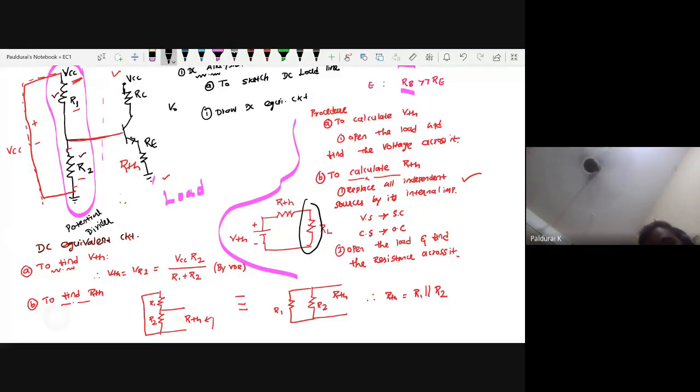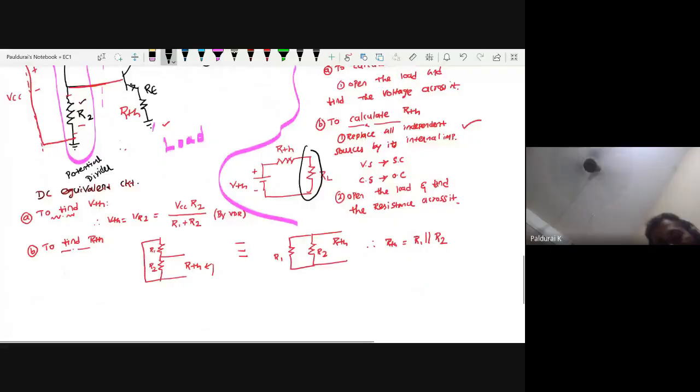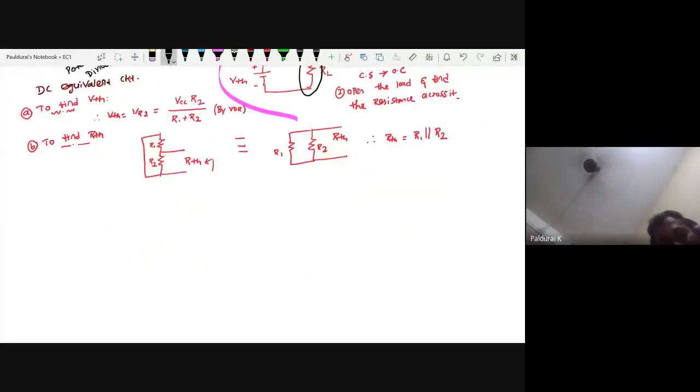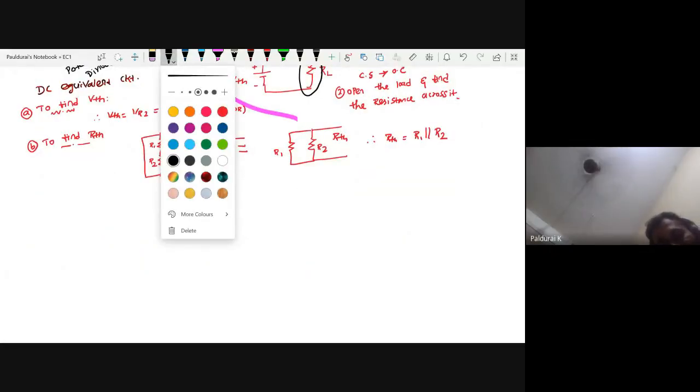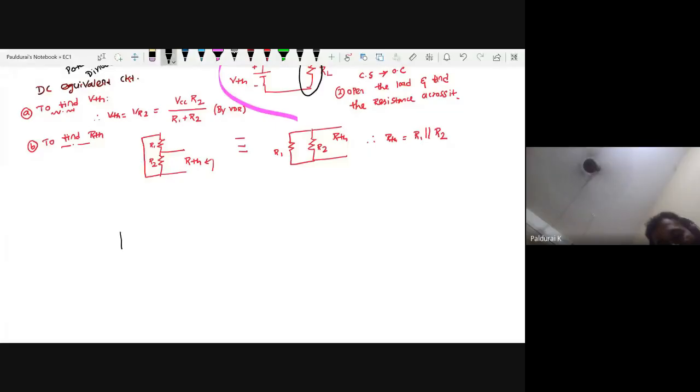So what is the equivalent circuit? So can I redraw? Very important. So what is the Thevenin equivalent circuit? Here VTH and here RTH. Then connect the load. This is my VTH. You know the formula for VTH. And this is my RTH. You know the formula for RTH. Then connect this load.